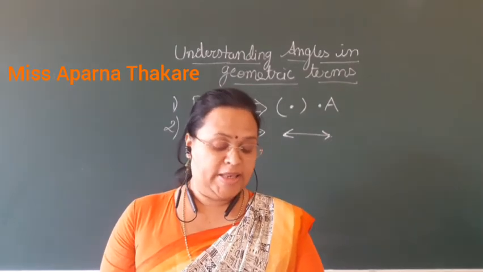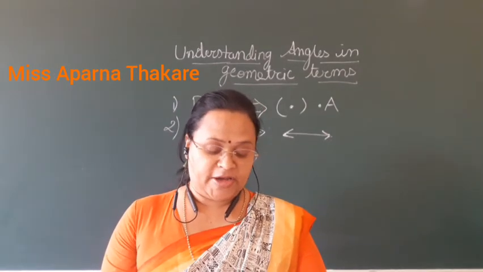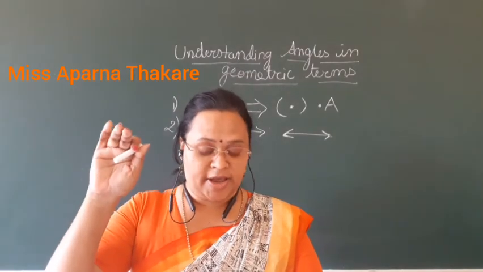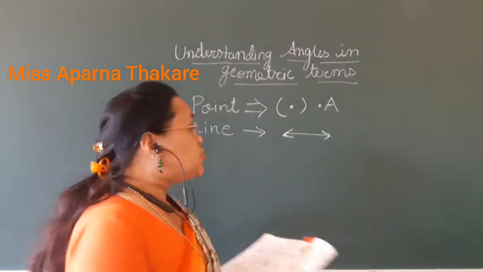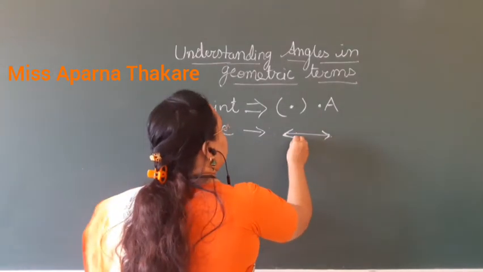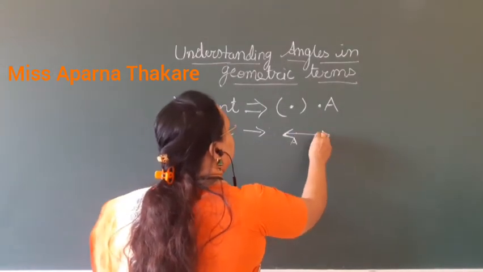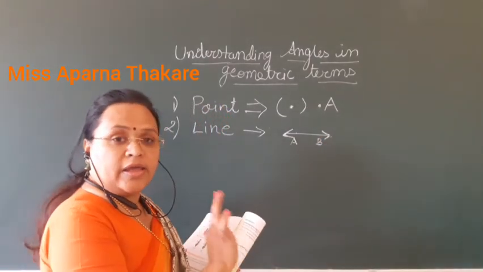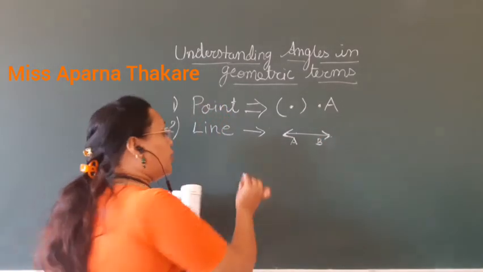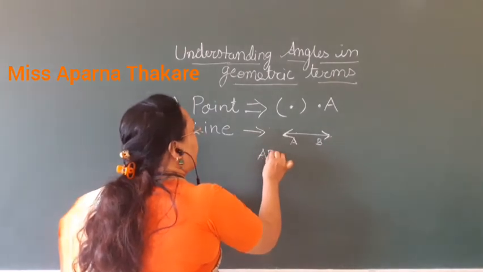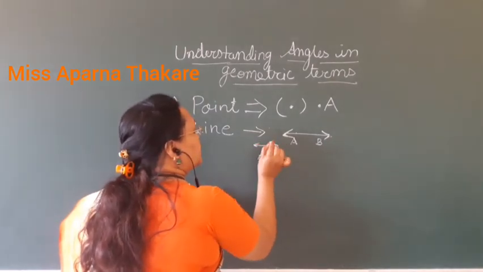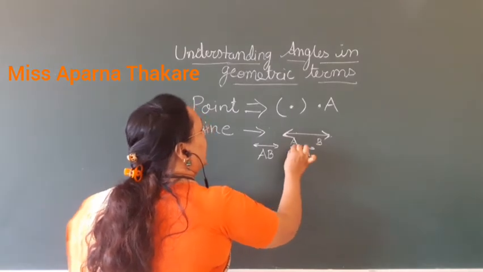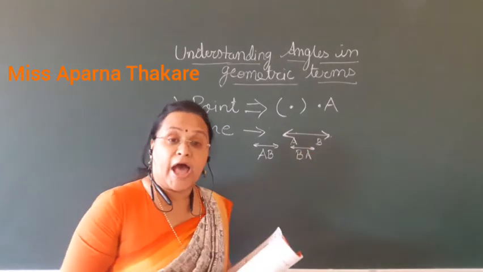We can call it line AB, or we can write it as AB with the line symbol above it, like this, or DE. For this, this is the point A and this is the point B. We can say line AB, or line BA, but we have to give the arrow.